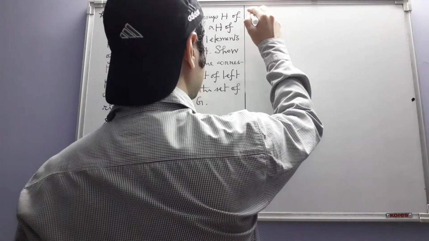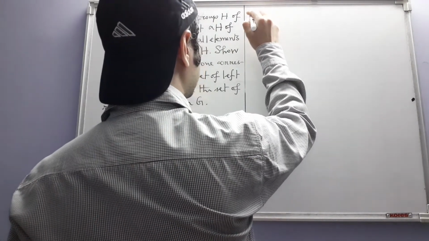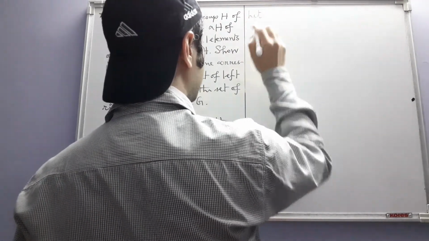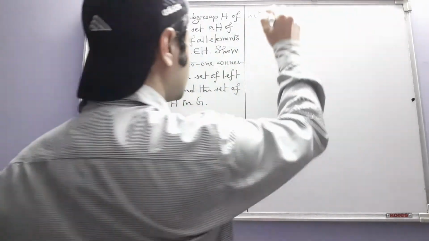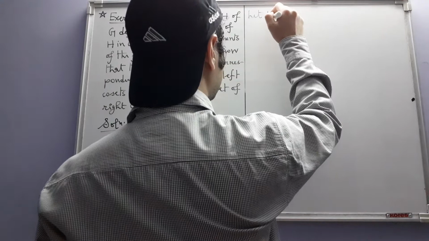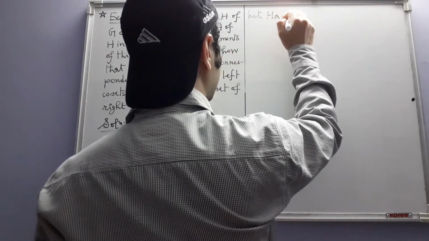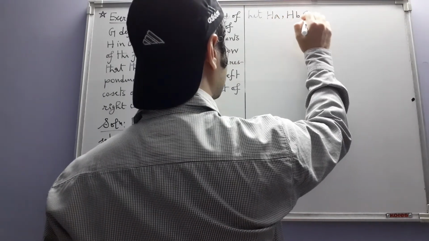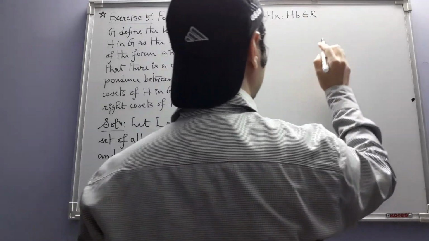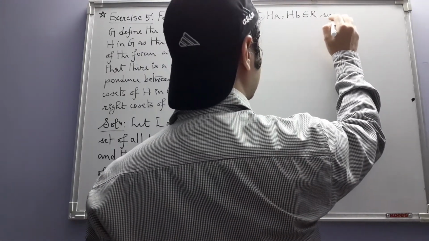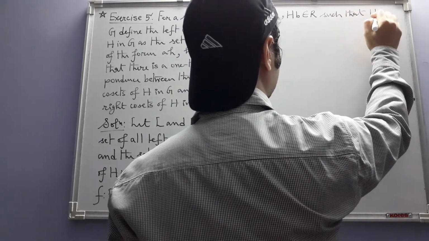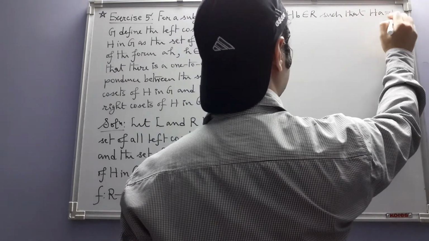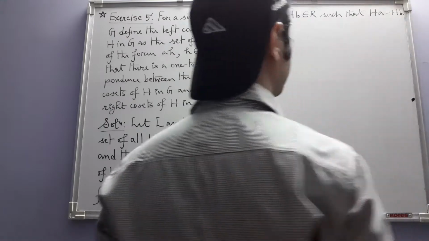Okay, so for that we have to take two equal inputs, that means two right cosets that are equal. So let Ha and Hb be two elements in R such that Ha is equal to Hb.